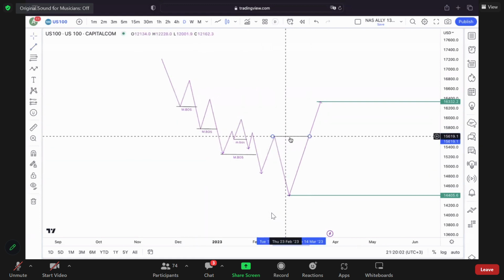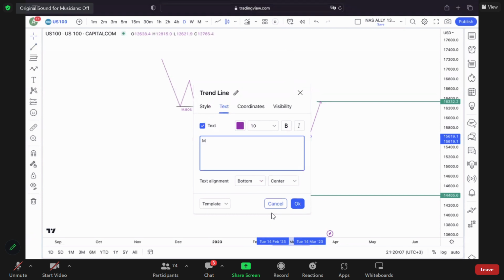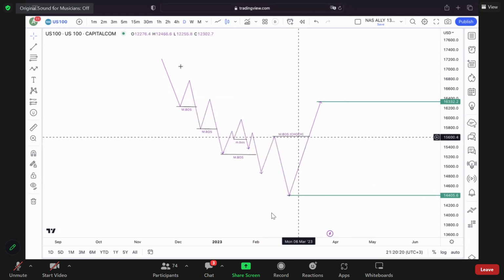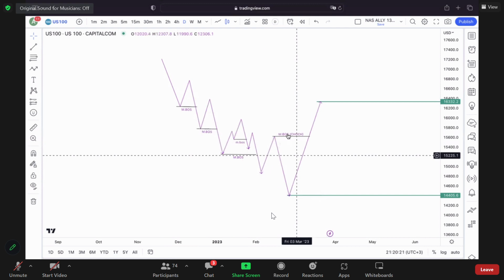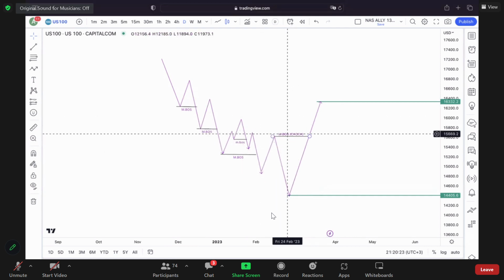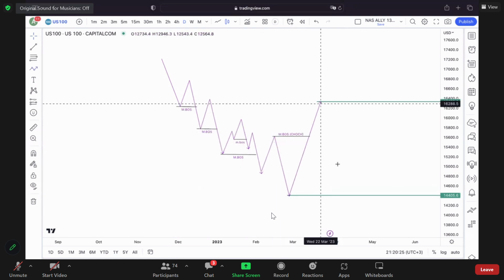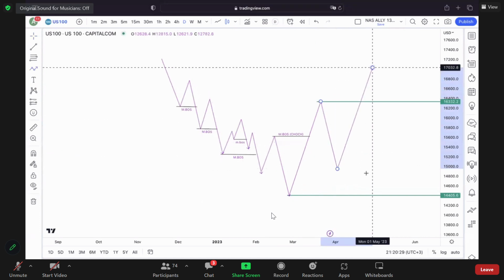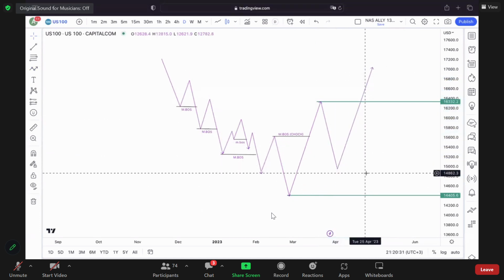So now we've got a major break of structure to the top side, which is otherwise known as our chalk in this instance, because it has broken major structure to the top side. And because the trend has been broken, we now have a change of character. So now we're expecting the market to form a higher low and then a higher high. Does that make sense?